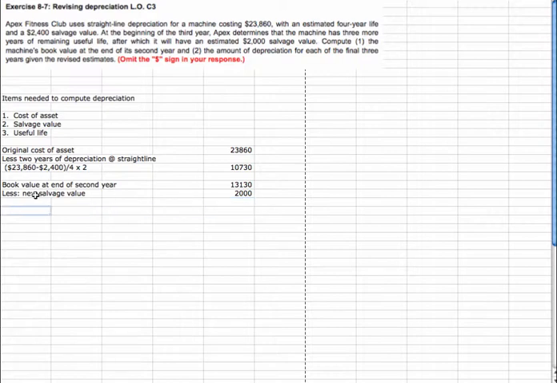That gives us our remaining depreciable cost, which is what we're allowed to use to depreciate. So it's $13,130 minus $2,000. So I can now depreciate $11,130.